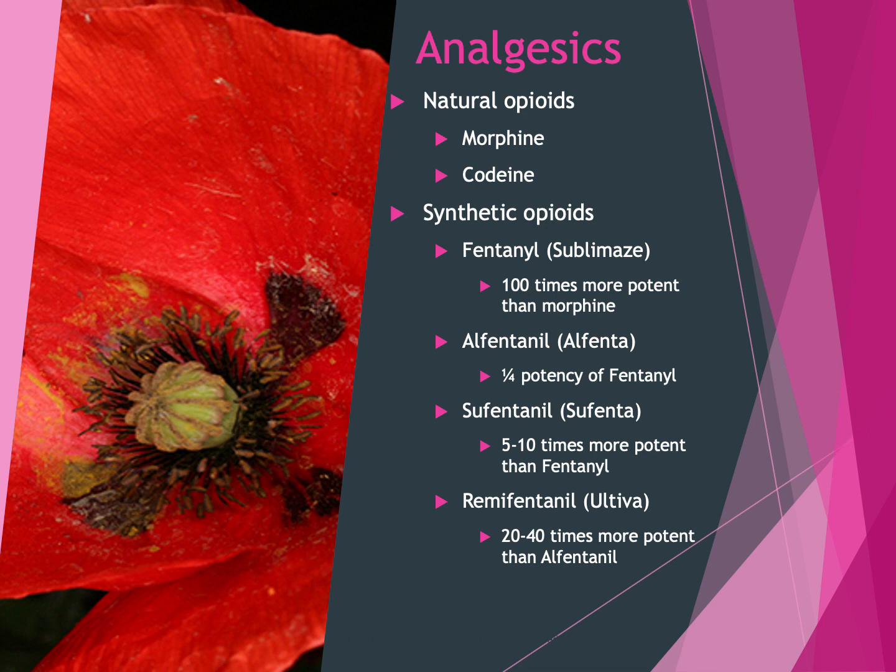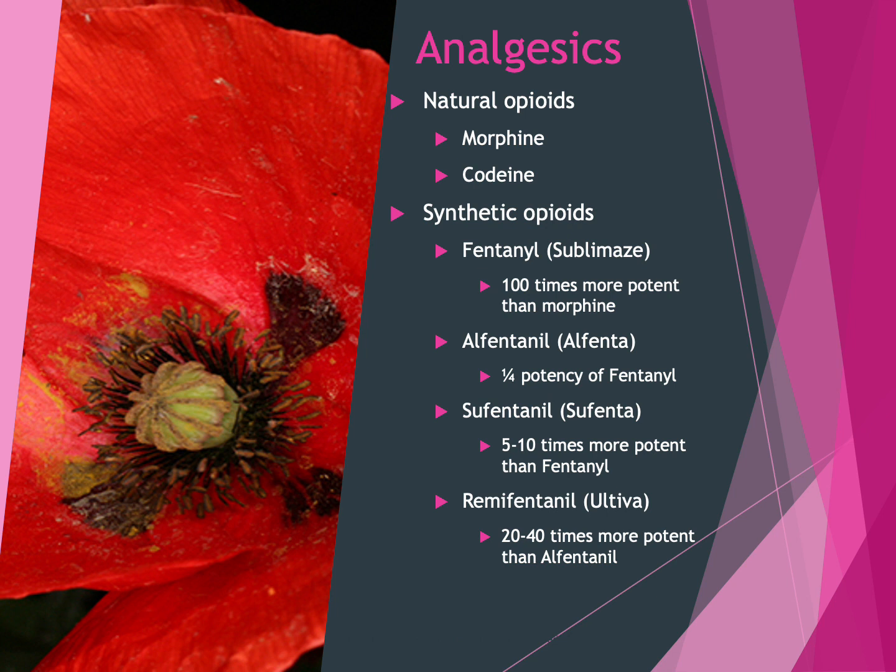So a second class of agents given during general anesthesia are analgesics. Analgesics, which are given during the maintenance phase, are used to prevent pain, and they fall into two categories, and those are natural opioids and synthetic opioids. Opioids are the most common analgesics, and they're defined as drugs that have morphine-like actions.